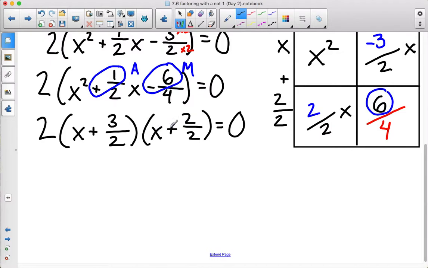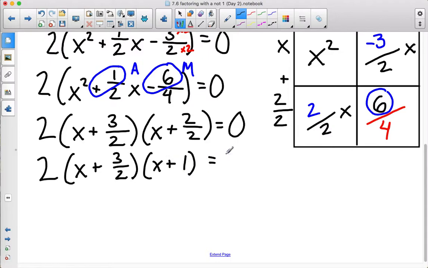Now is when I finally look to see if I can simplify anything. 3/2 doesn't simplify, but 2/2 simplifies. That simplifies to be 1, so I could really write this as 2 times x plus 3/2 times x plus 1 equals 0. And now that I have it completely factored, it makes it really easy to answer the question.